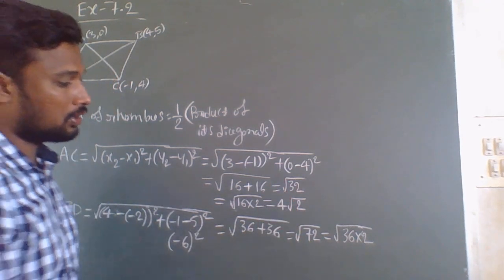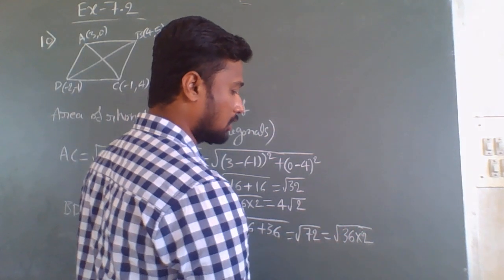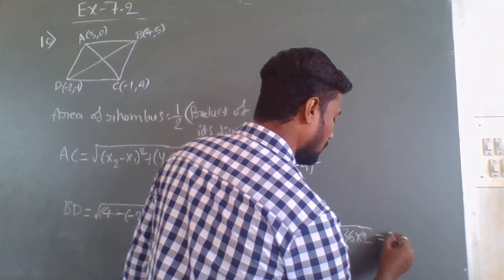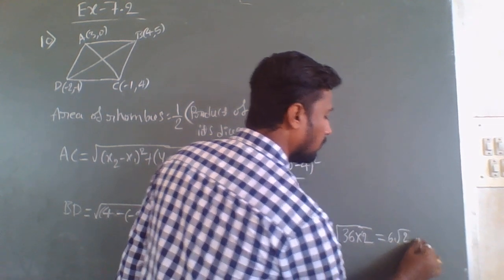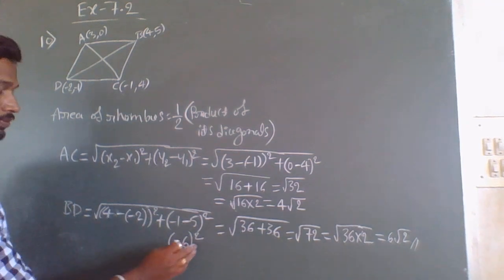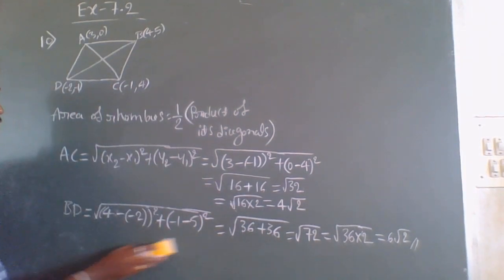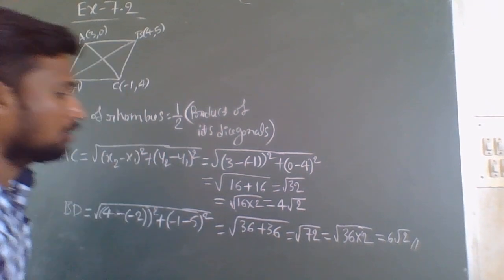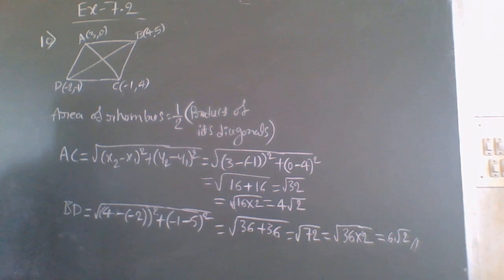Why have we written 36 into 2? We know that the square root of 36 is 6. So we can write 6 square root of 2 here. So now we have the lengths of the two diagonals, AC and BD.